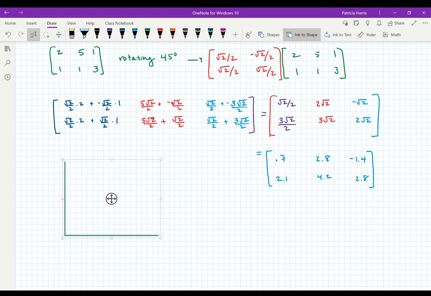We'll just do a positive XY axis. All right. So 2, 1. 5, 1. And then 1, 3. Okay, that's your pre-image.